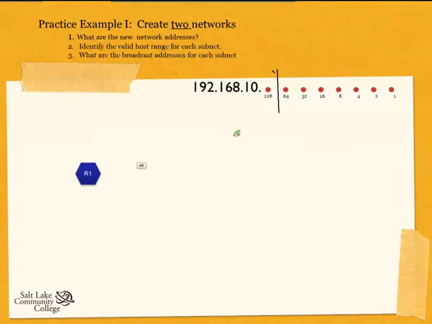The two networks are going to be the first one, which is always 0, so 192.168.10.0. And the next network is going to be 192.168.10.128.